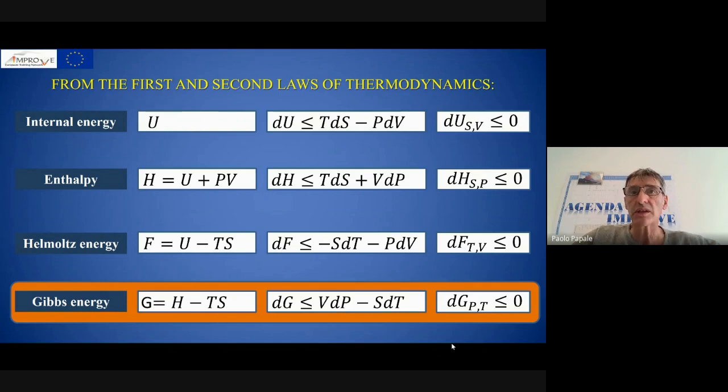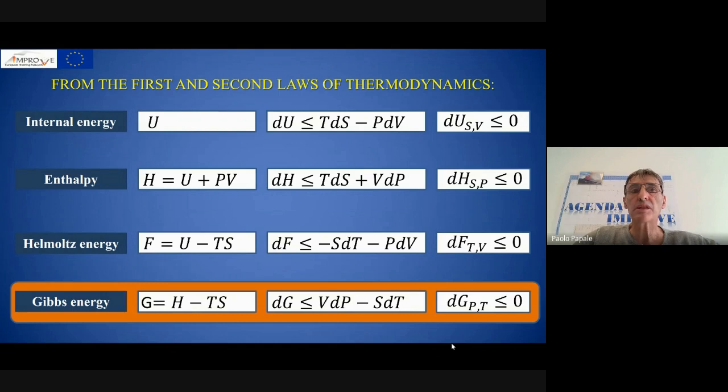Legendre transformations give us other quantities describing the energy of a system, which are a function of different pairs of independent variables. Because they all derive from the combination of the two laws of thermodynamics, they all lead to a criterion for equilibrium, each one referred to processes developing while different pairs of independent variables are kept constant, and each one ultimately corresponding to maximization of system entropy.